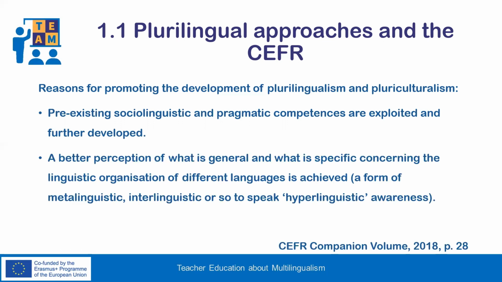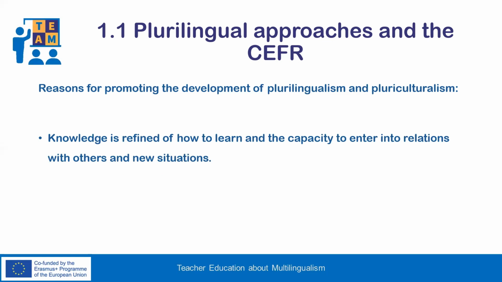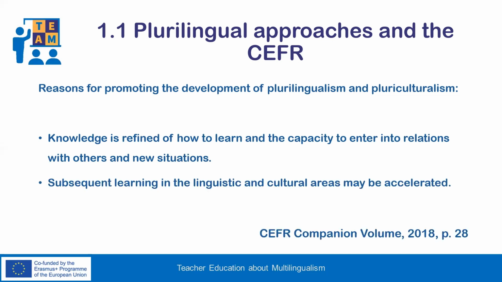A better perception of what is general and what is specific concerning the linguistic organization of different languages is achieved, a form of metalinguistic, interlinguistic, or so to speak, hyperlinguistic awareness. Knowledge is refined of how to learn and the capacity to enter into relations with others and new situations. Subsequent learning in the linguistic and cultural areas may be accelerated.